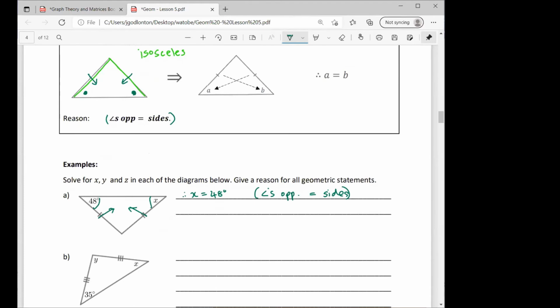So can you please try B for me, and can you tell me what x and y are equal to? You may need to use two different reasons here.